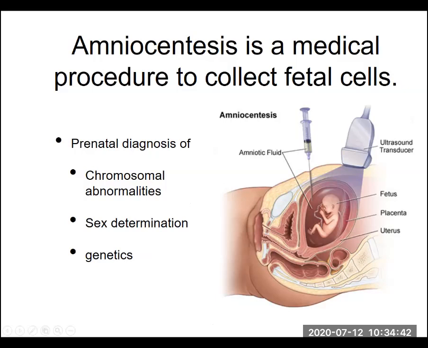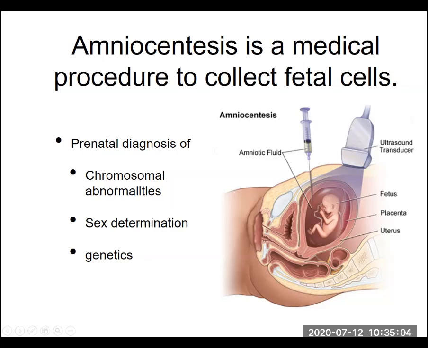But now we can actually take the DNA and study the genetics itself. In the process of amniocentesis, we use a specialized syringe, insert it into the mother's abdomen using an ultrasound to track the way the needle goes in, and collect some of the amniotic fluid.